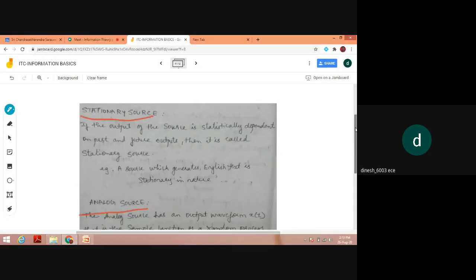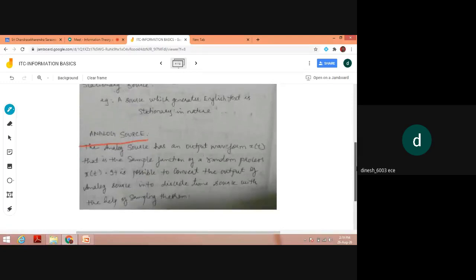That type of system or coding, we call a stationary source coding or stationary source system. An example is that English text is always stationary in nature. When you script something, the previous and the future can be easily scripted, which is a best example.